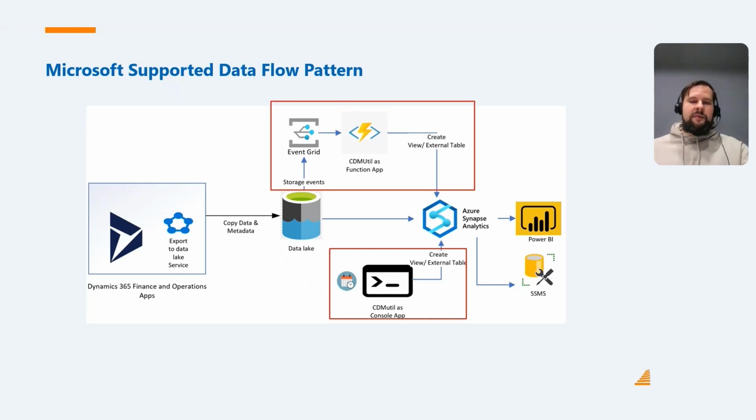With the console app, you need to run it manually or periodically as a batch process. So you would open an app, click a button, run, and then it looks at your Azure Data Lake CDM definitions, and again generates new statements that it sends to, let's say, Synapse to perform updates on the schema.